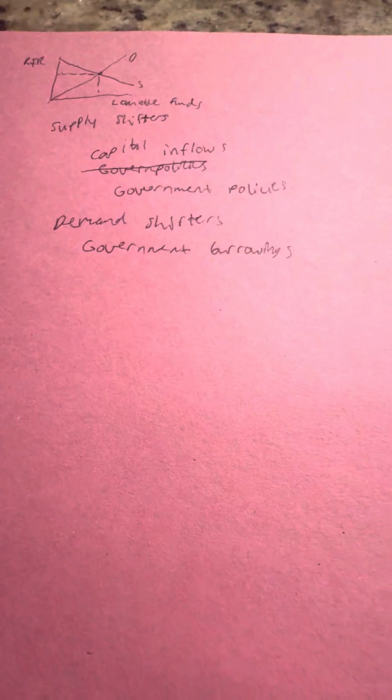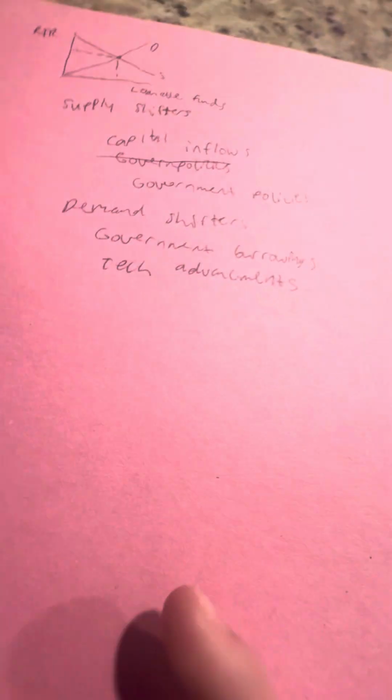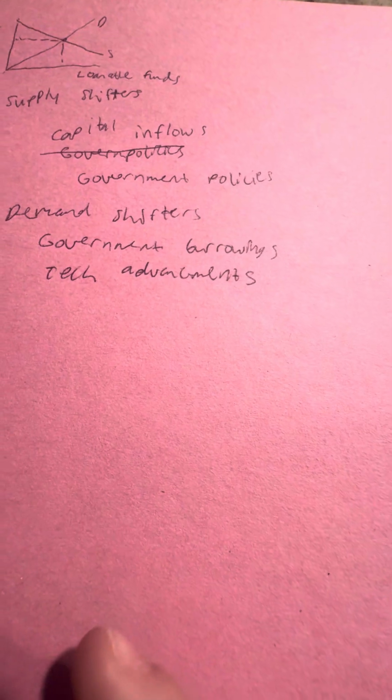So any government borrowings would be more borrowings. Overall, just more borrowings from the government would increase our demand. And the second one is tech advancements. And any investment in new tech will make the demand go to the right as well.